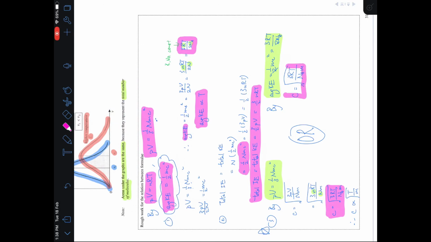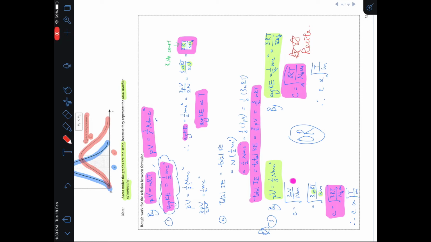But in fact, some questions may ask you to represent it in terms of PV, so sometimes this may be a little bit more useful, but they are in fact exactly the same thing, right? So again, I repeat, the most important thing to recite must be this one, because the other two are given.